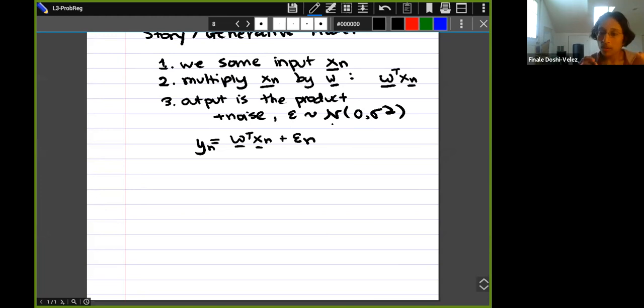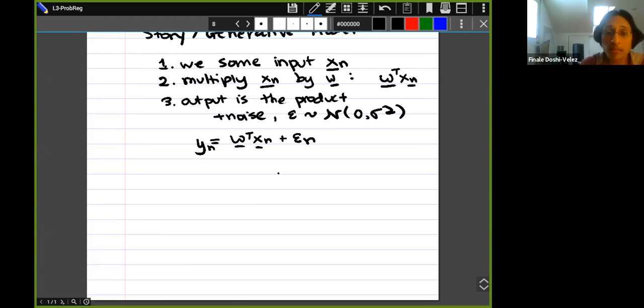So a really important distinction, also relevant to your problem 3 in your homework, is that when we did the least squares regression, we did not assume a process, right? We just said, who knows how these x's and y's came about? We're just trying to find a linear fit in this particular case that minimizes the least squares loss. In this case, I'm actually doing something a lot stronger. I'm saying I have a story for how the data came to be.